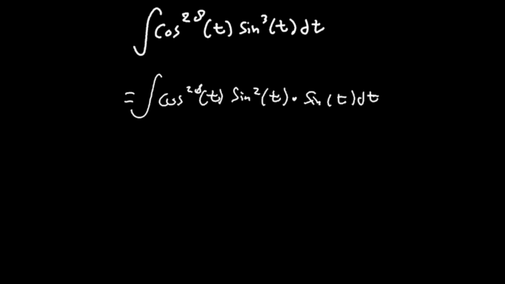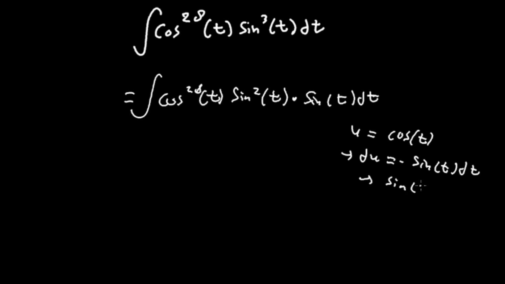Now the reason I did this is because if we let u be cosine of t, then du is minus sine t dt. So this means sine t dt is negative du. So we can just change this thing to du.